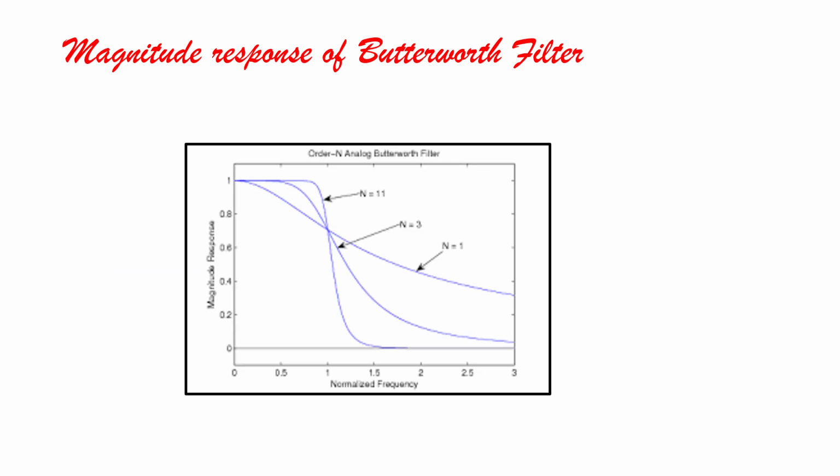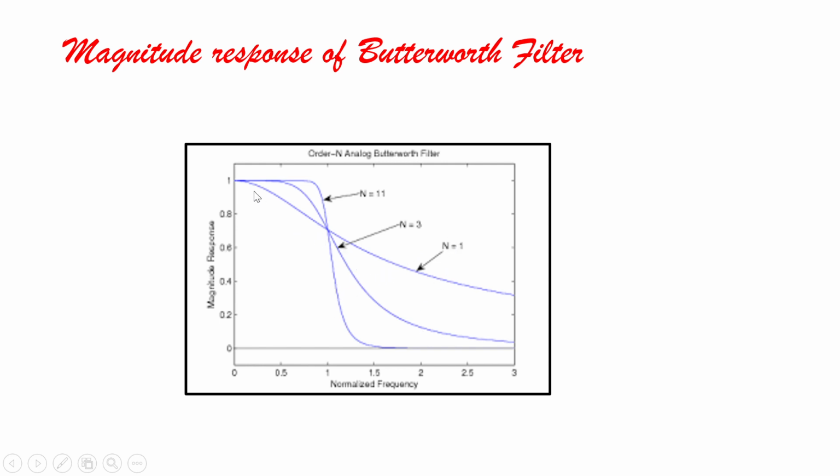Magnitude response of the Butterworth filter. In this figure, n represents the order of the analog Butterworth filter. From here, it is clearly visible that the magnitude response of the Butterworth filter decreases monotonically as frequency increases from 0 to infinity. Here the order of the filter n is increasing in this direction.